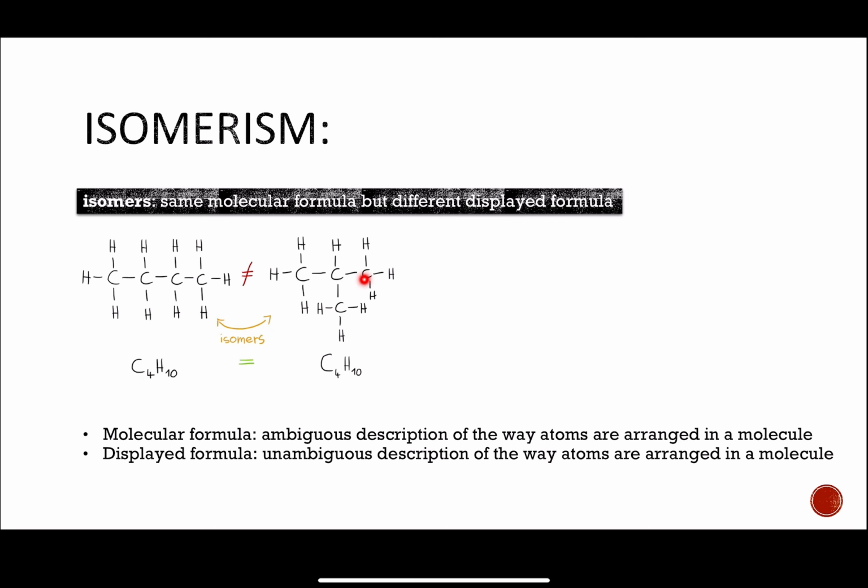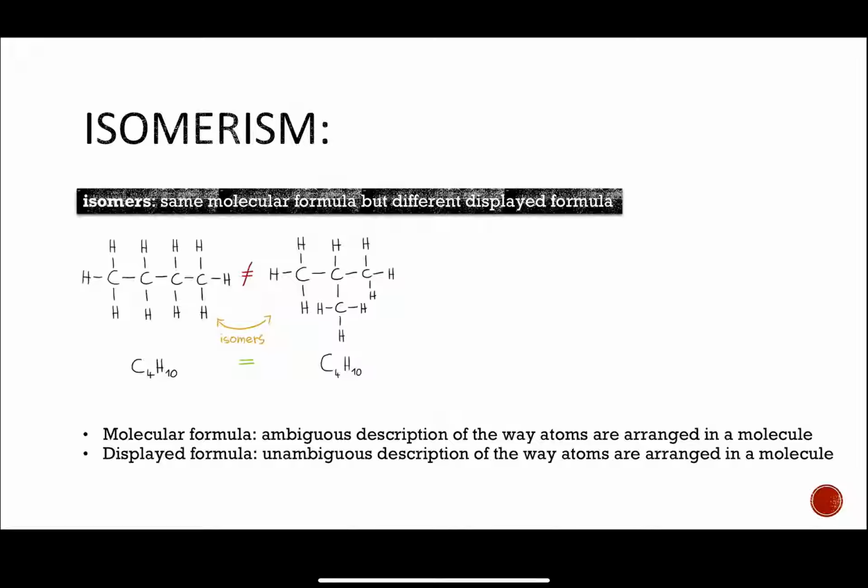And that displayed formula, which is apparently different from the left one because we have a branch over here, also has the molecular formula C4H10. And because they have an identical molecular formula, C4H10, but a different displayed formula, we call these two molecules, for example, isomers.